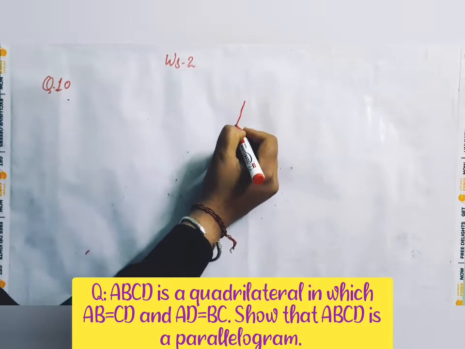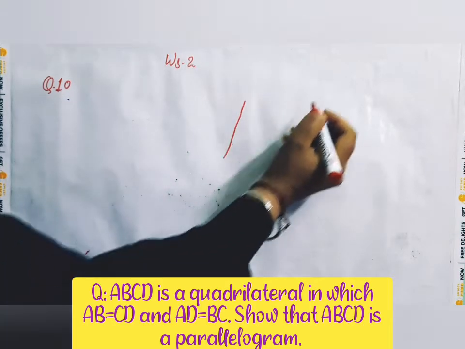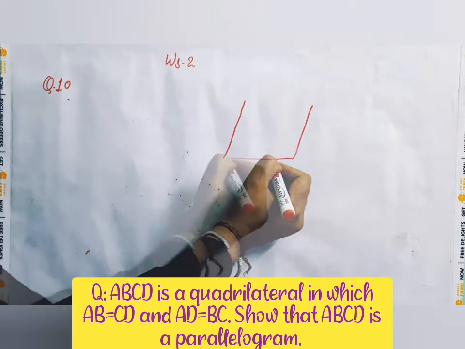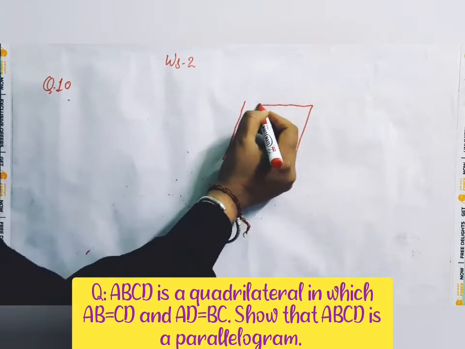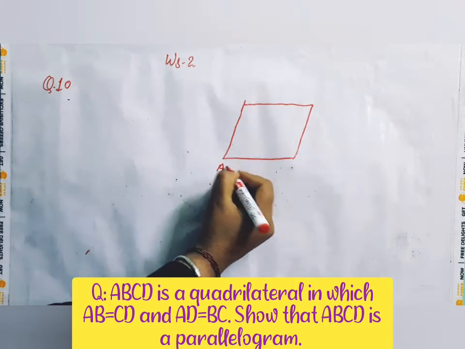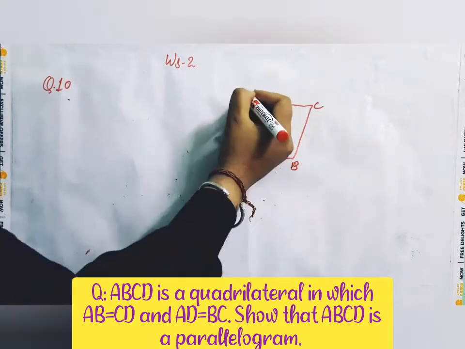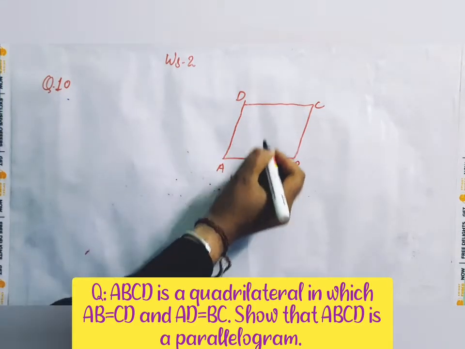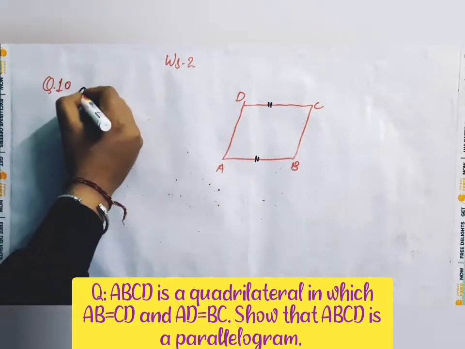What is given? That the opposite sides of the quadrilateral are equal. So ABCD is a quadrilateral in which AB is equal to CD. What is given?